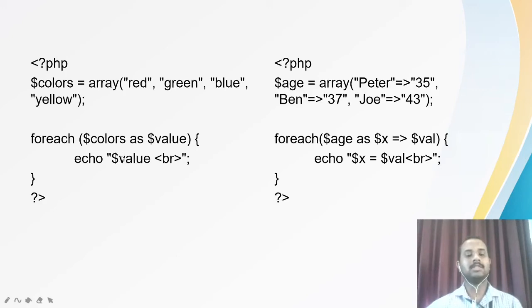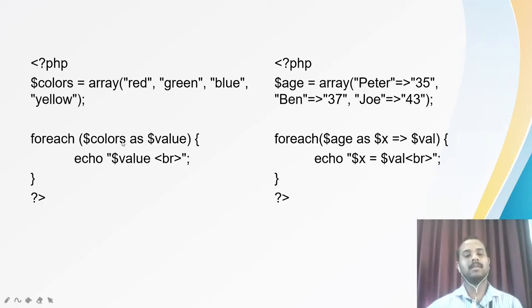In the first iteration, red, the first one, will be stored in dollar value, so it will print red. Afterwards, when it comes back, the second array element is green. Now value is green, so it will print green.